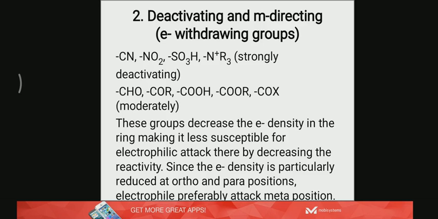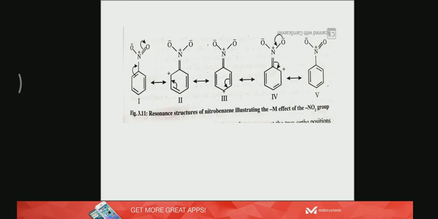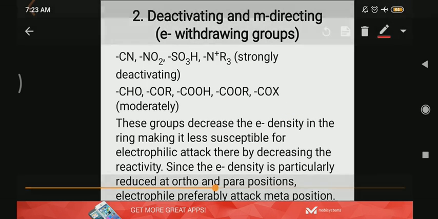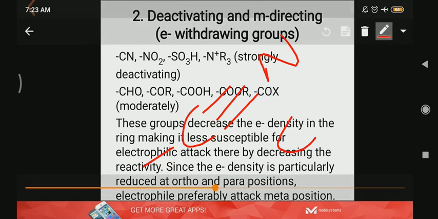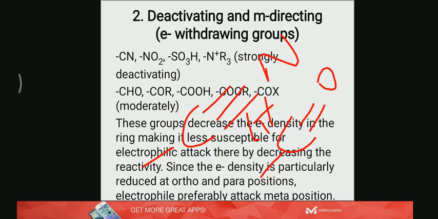These groups are characterized by, for example, CN, which is actually C triple bond N. The aldehyde group is C double bond O. Like this it comes, you can see that all these groups have multiple bonds, double bond or triple bond, connected to an electronegative atom.